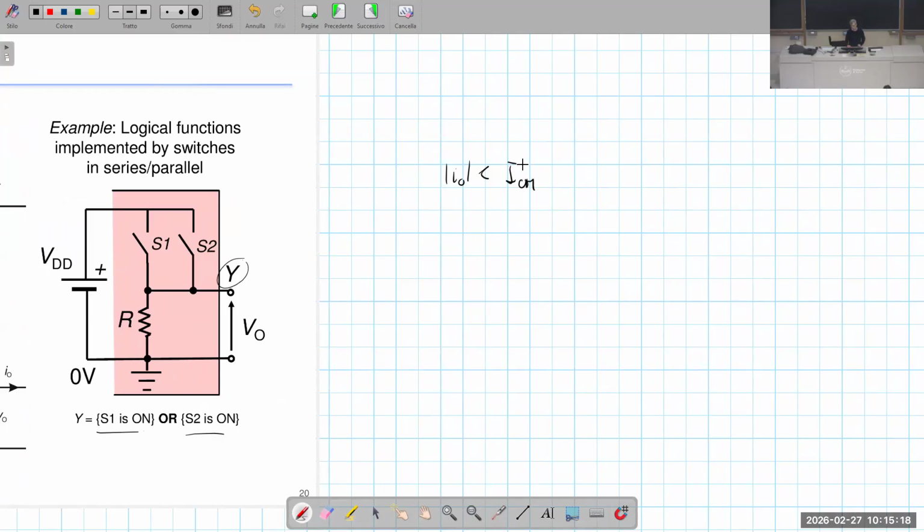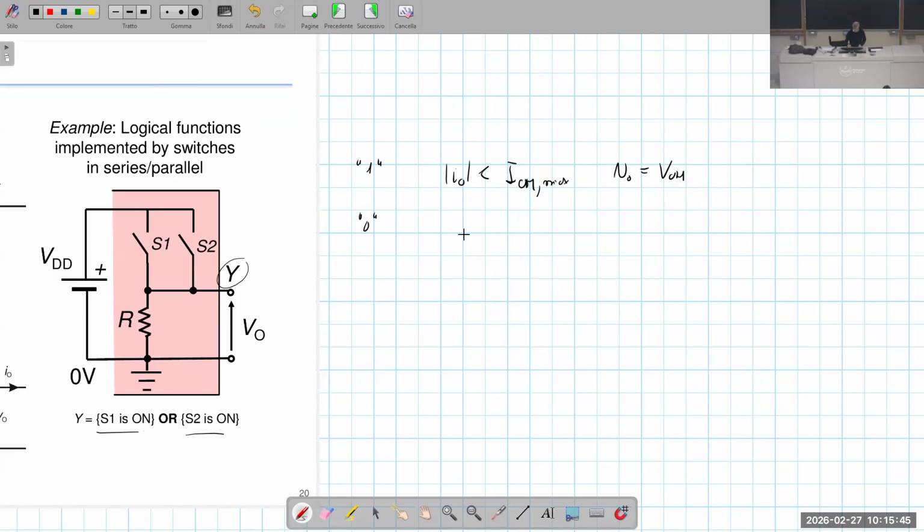This is called IOH maximum. So in order to properly deliver an output voltage equal to VOH, the current delivered by the gate should be less than IOH maximum at the one output state.